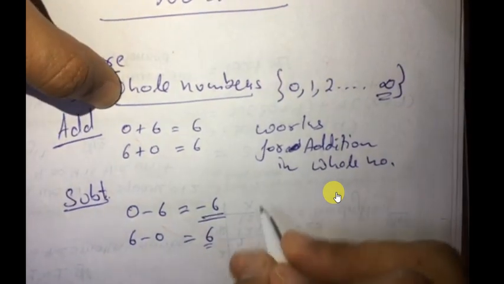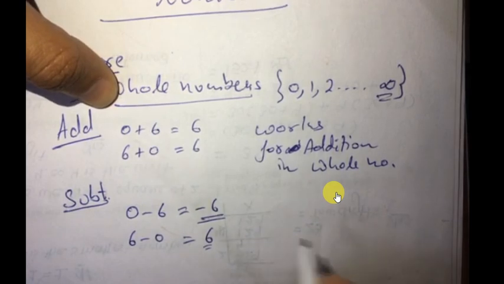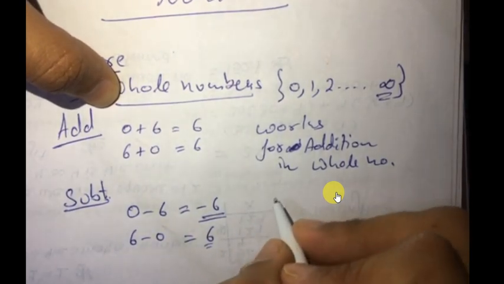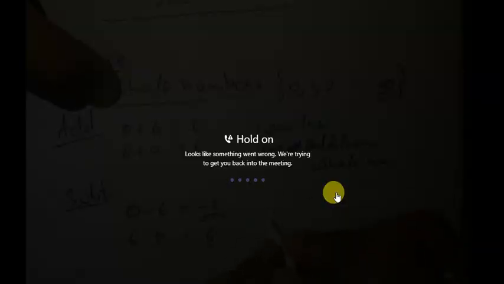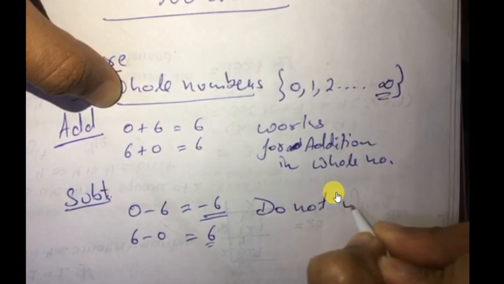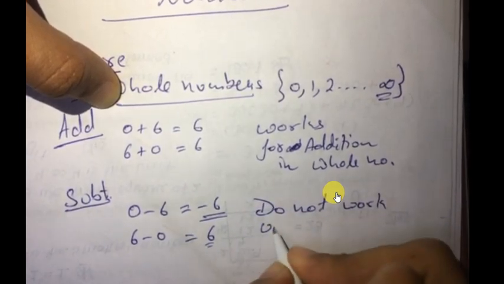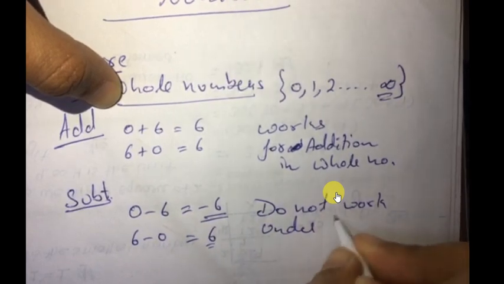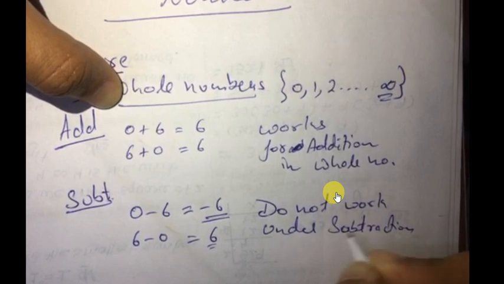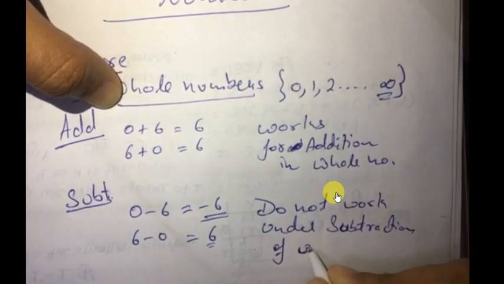So in that case we will say that this closure property does not work under subtraction of whole numbers.